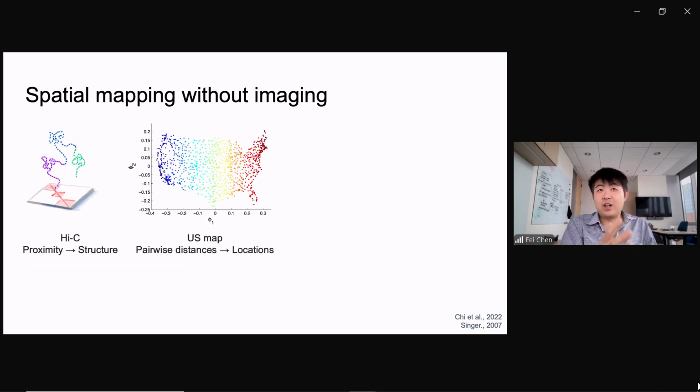We know actually also that if you have a list of the pairwise distances between all US cities, you can easily generate a map of the United States.